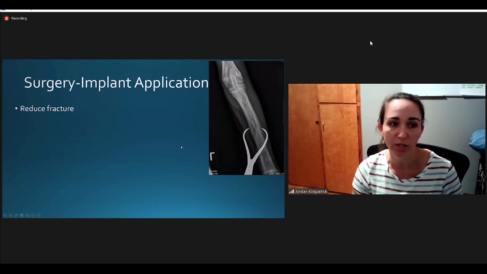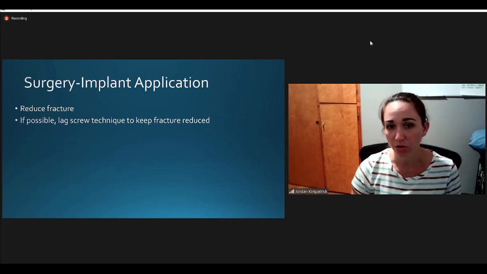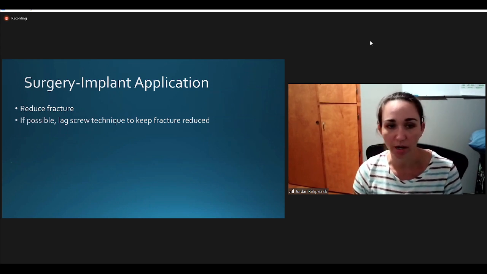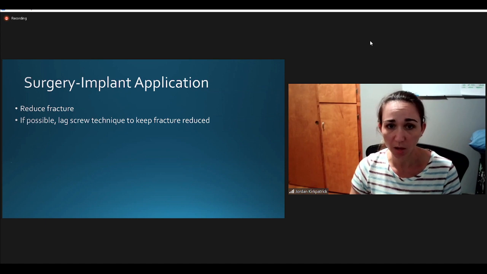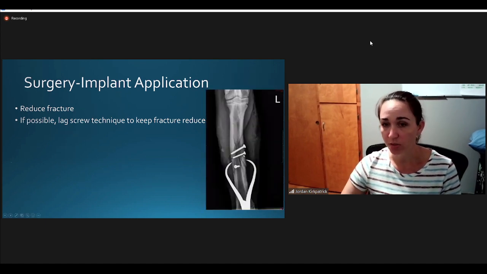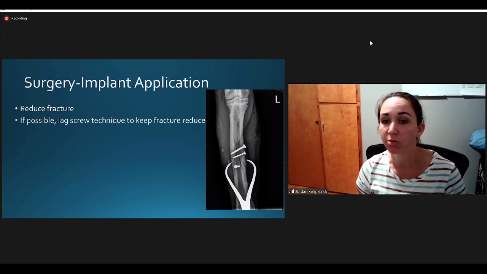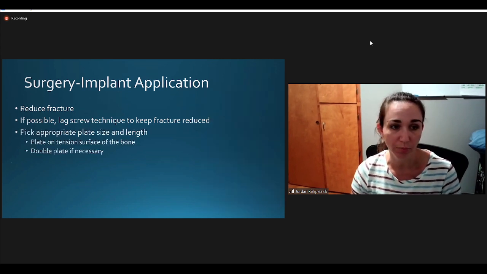So bringing the fracture together. If you need to, doing a lag screw technique, which I have a slide on in a minute, to keep the fracture reduced. So once I got it reduced as possible, I put screws across to keep the bone as anatomically aligned as possible prior to putting plates on.